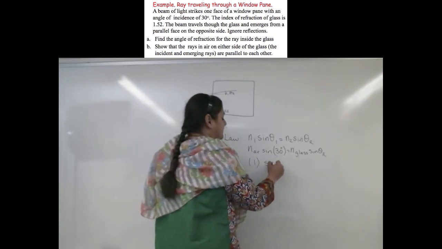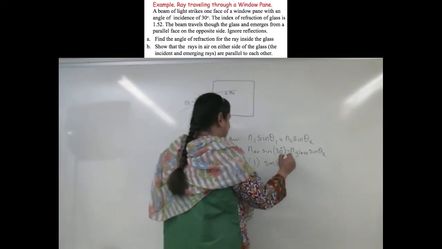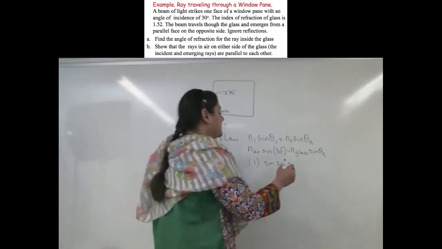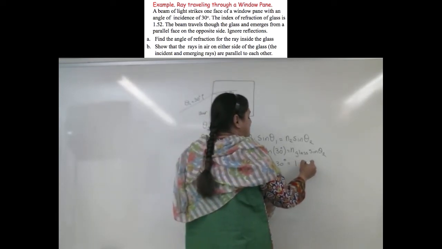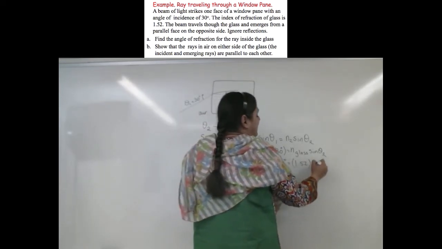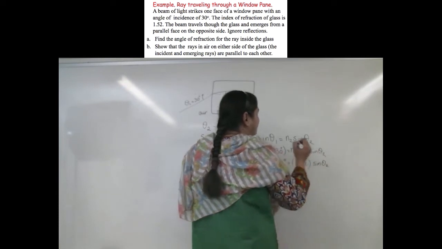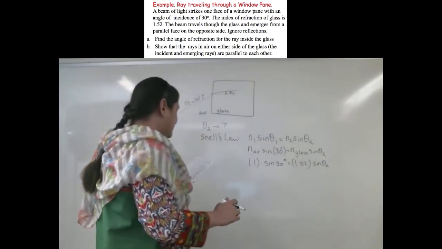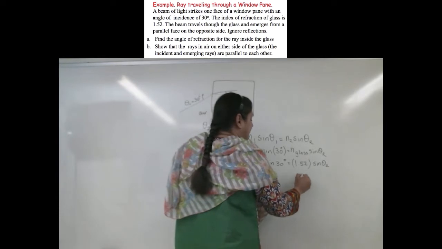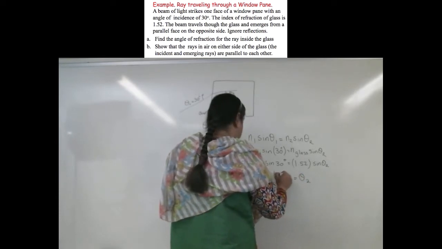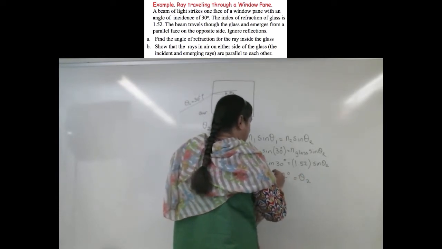Sine of 30 degrees equals n of glass, which for this particular glass is 1.52, times sine of theta 2. Now all we have to do is a little bit of algebra, and theta 2 comes out to be about 19.2 degrees.